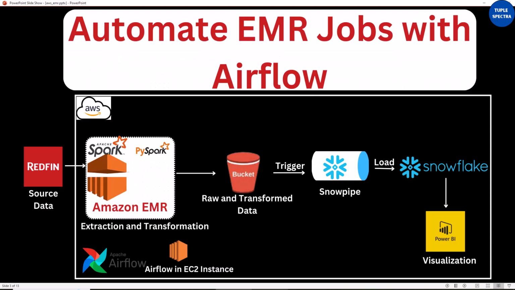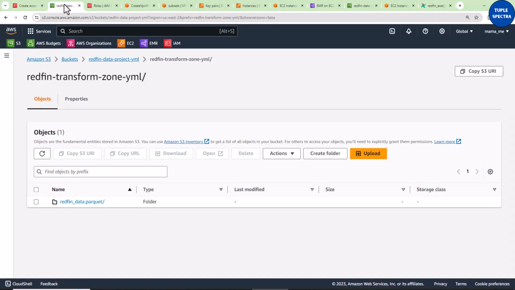Let us validate our S3 bucket where we have the transformed file. You can see that it has been saved inside this, the parquet file.